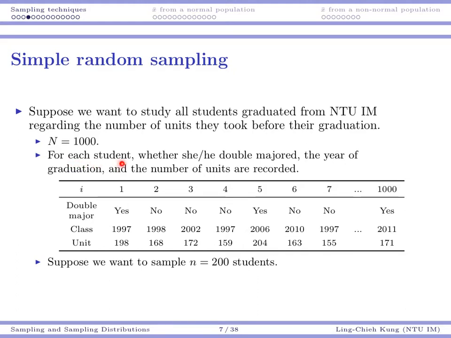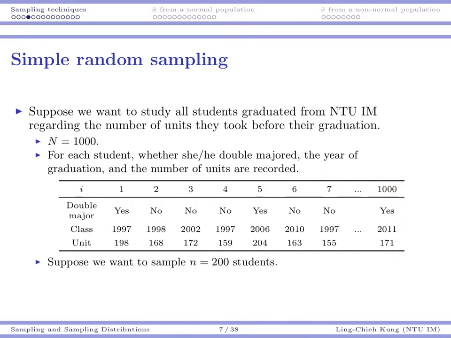For each student, if I randomly select him or her, then I would ask whether she has double majored when she was in the university, when she graduated, and the number of units that she took when she was an undergrad student. If I could really ask everyone, I would be able to prepare a table like this.